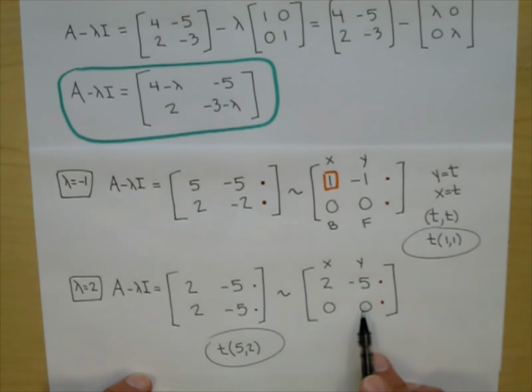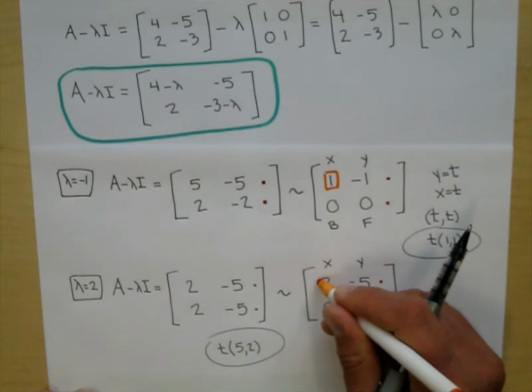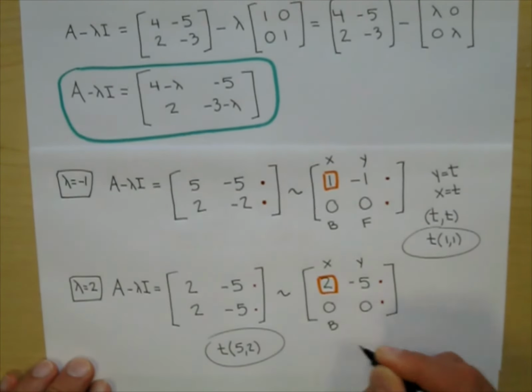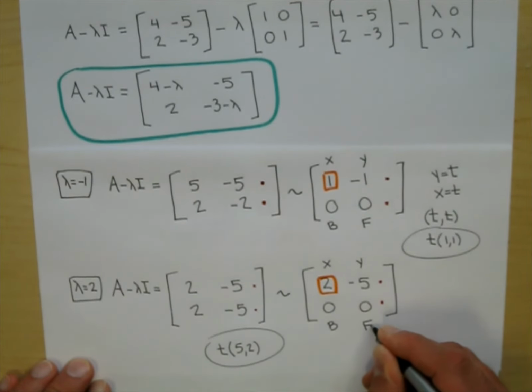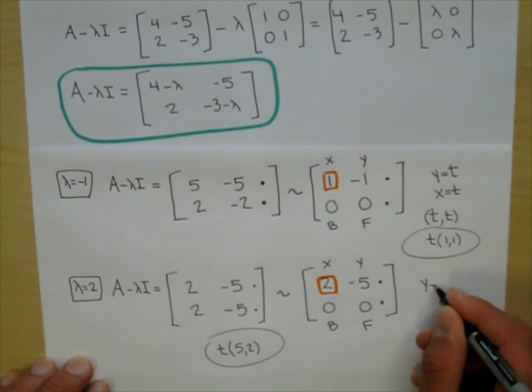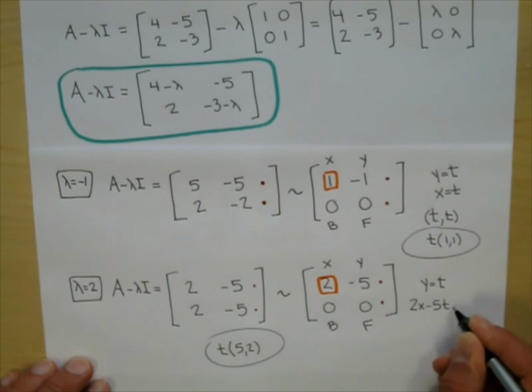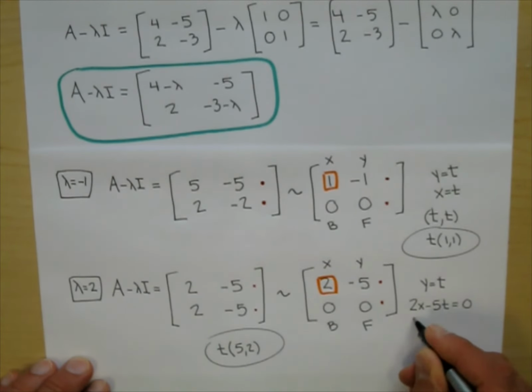Now, if you're like, whoa, Joe, that was a little too much, well, then we can go back to this, where x is bound, y is free, so y equals t. 2x minus 5t equals 0, 2x equals 5t, x equals 5/2 t.